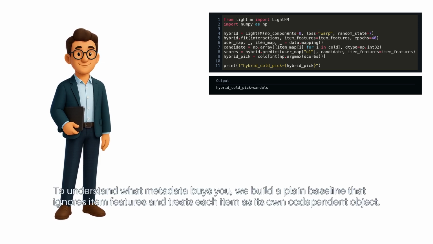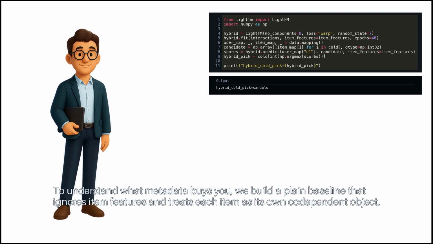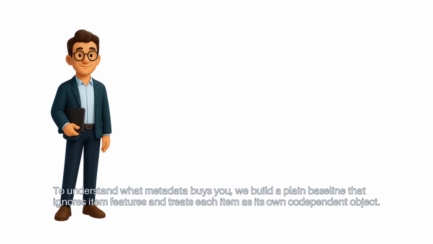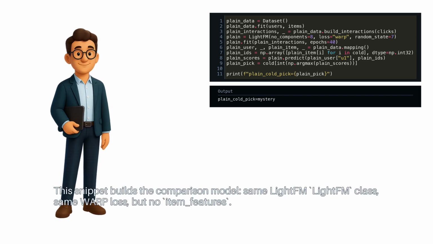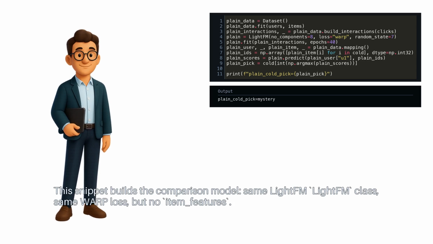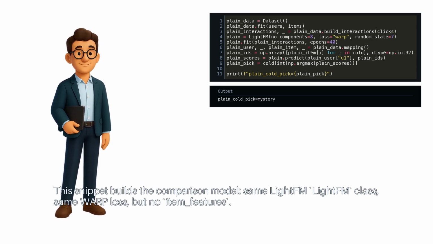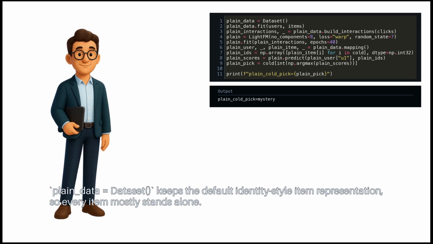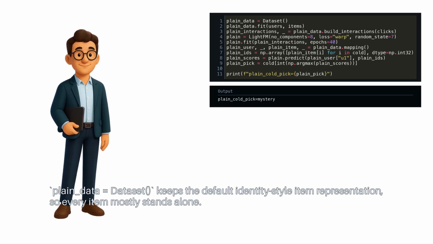To understand what metadata buys you, we build a plain baseline that ignores item features and treats each item as its own independent object. This snippet builds the comparison model. Same LightFM class, same WARP loss, but no item features. Plain data equals Dataset keeps the default identity style item representation, so every item mostly stands alone.